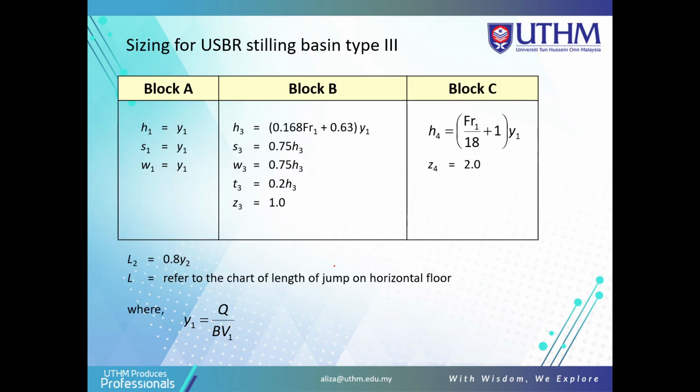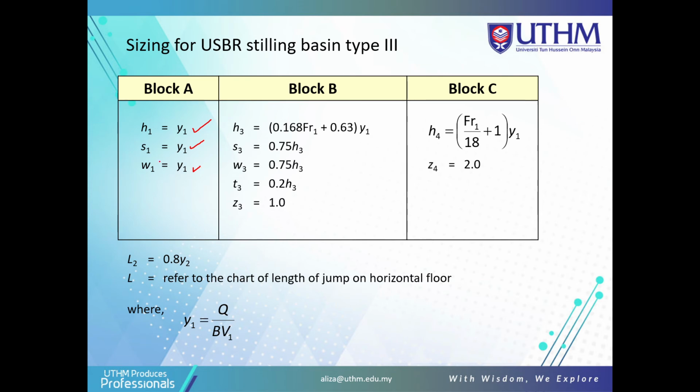Now, to design this USBR Stilling Basin Type 3, you must know that for block A, H1 is equal to Y1, S1 is equal to Y1, and W1 is equal to Y1.